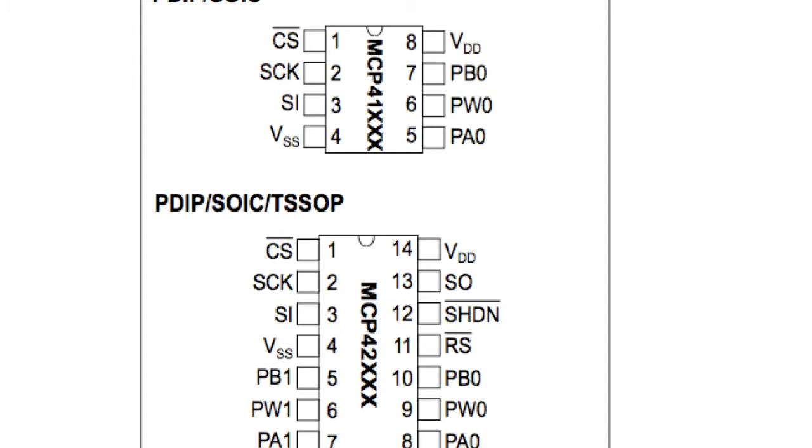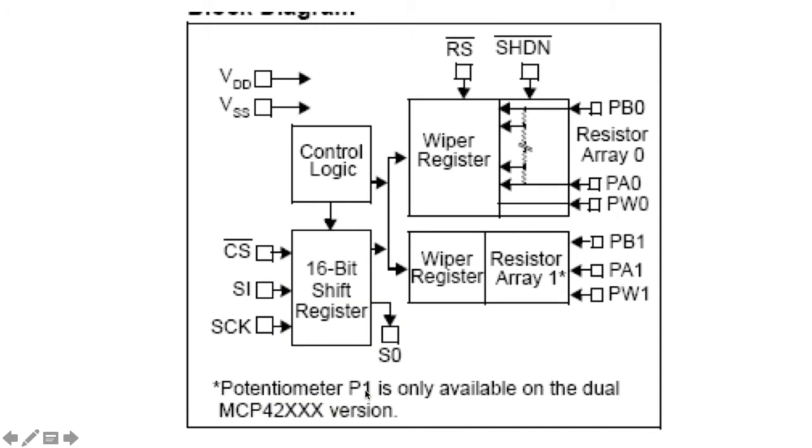You can have these DACs come in several flavors. This one has multiple channels. So inside of the DAC, you've got a little shift register that's taking in the chip select, serial input and the serial clock, and then gives you a serial output.